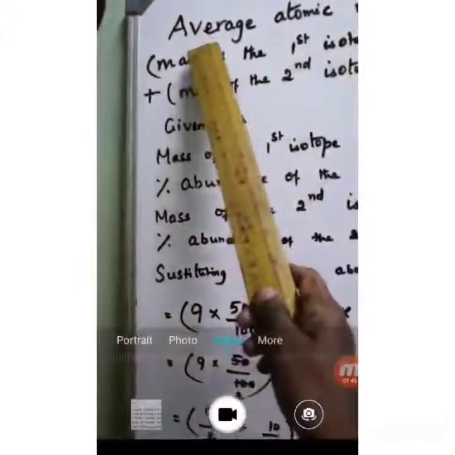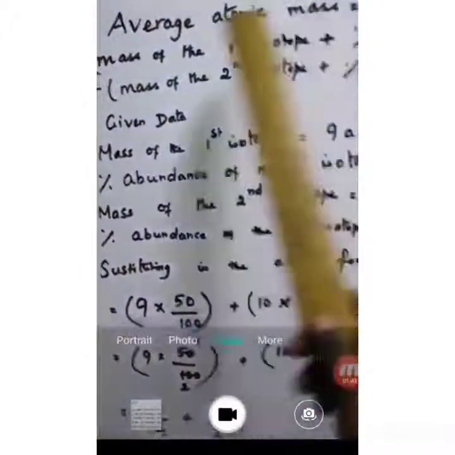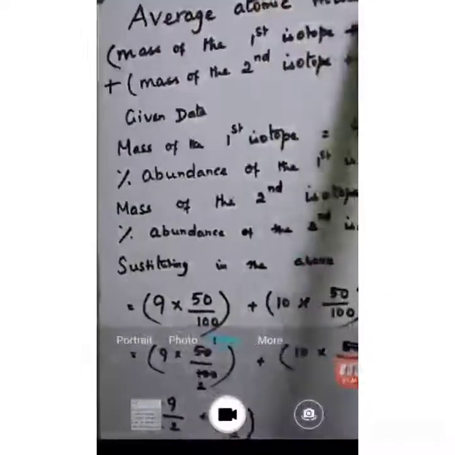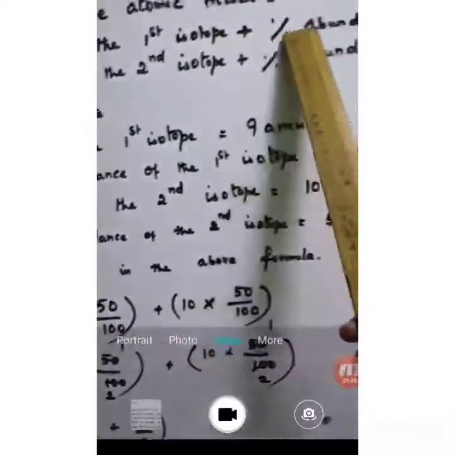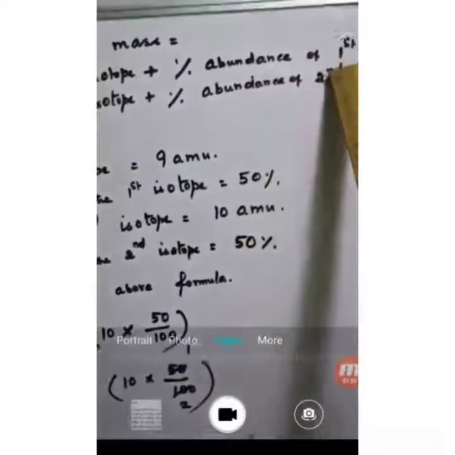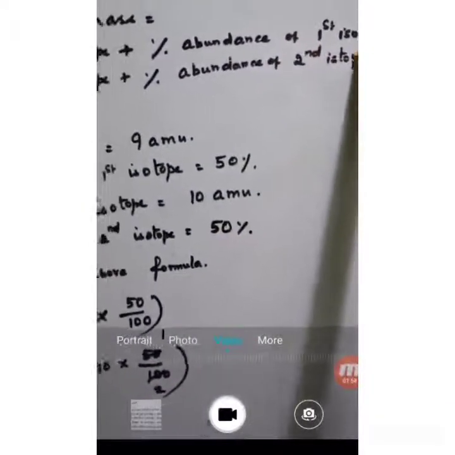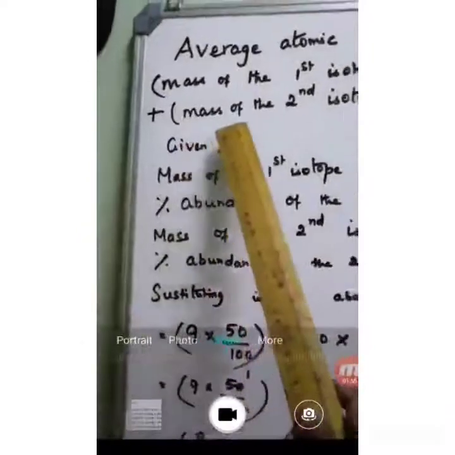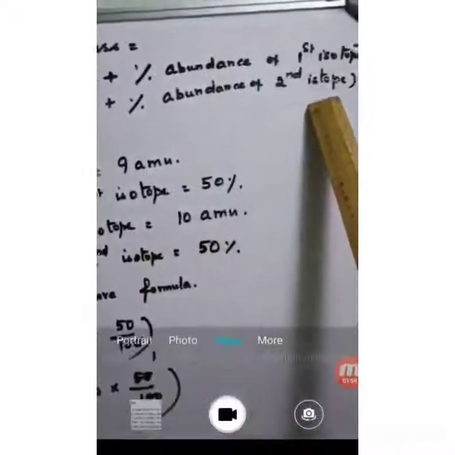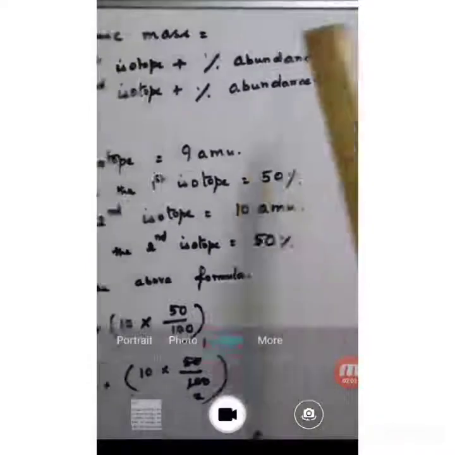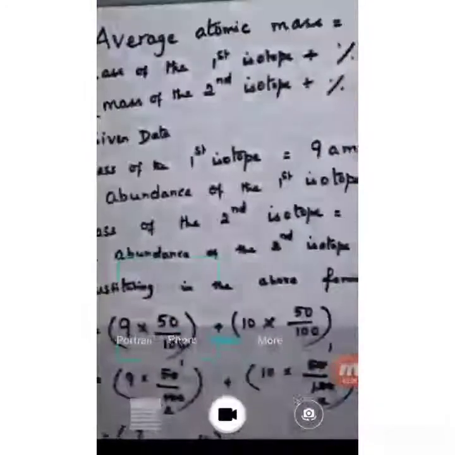Now we are going to see average atomic mass. Average atomic mass is equal to mass of the first isotope into percentage abundance of the first isotope plus mass of the second isotope into percentage abundance of the second isotope. This is the formula we are using.